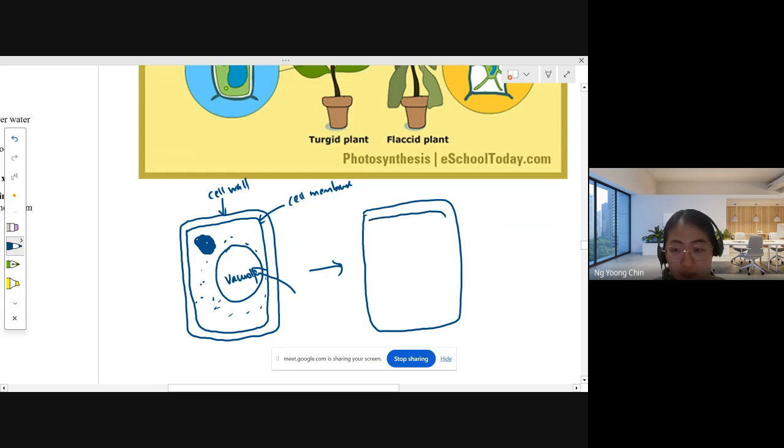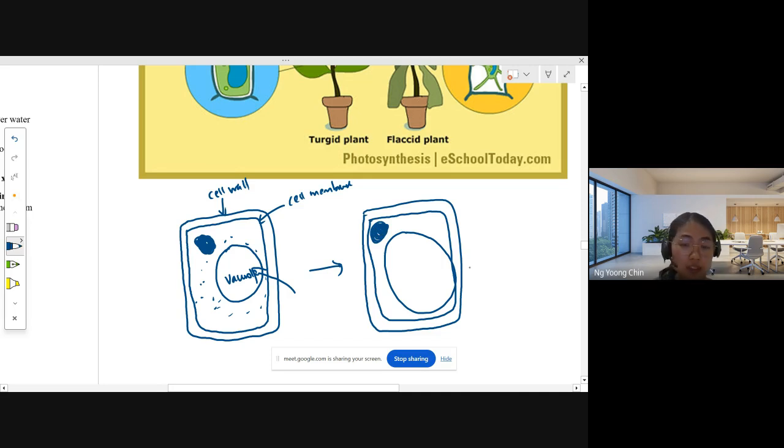Once the vacuole absorbs a lot of water, it will become this way. It will enlarge. Wow, you see, it becomes a very big vacuole, so big that it will press the nucleus to the periphery area.